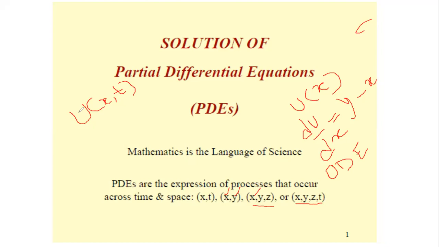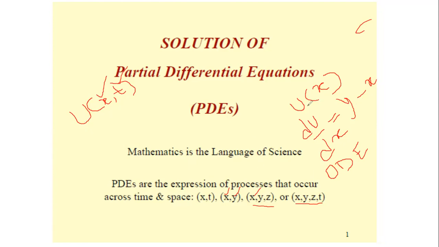Then the equation involving such a function will have differentiation with respect to x, and also with respect to t, y, and z. That kind of equation is called a partial differential equation, because the differentiation of u will now be partial differentiation. So what is the difference between partial differentiation and ordinary differentiation?